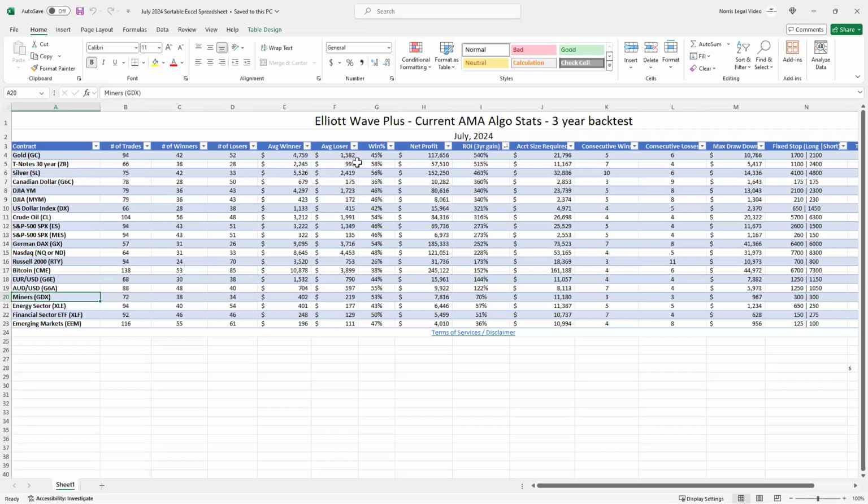This is, in my opinion, the proper way to design an algo. Now, you'll see people designing algos that have a 90% win rate. Well, in order to get a 90% win rate on an algo, you'd have to have like a take profit target of $100, but you need a $1,000 stop in order to trade that way. So that's a terrible risk to reward ratio.